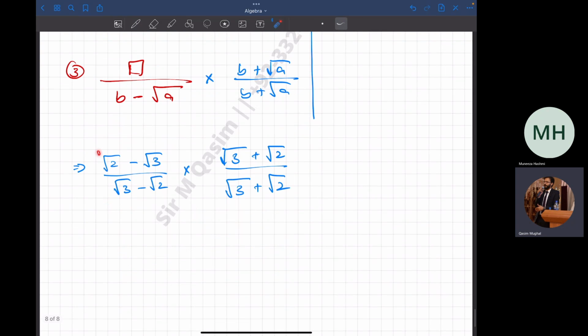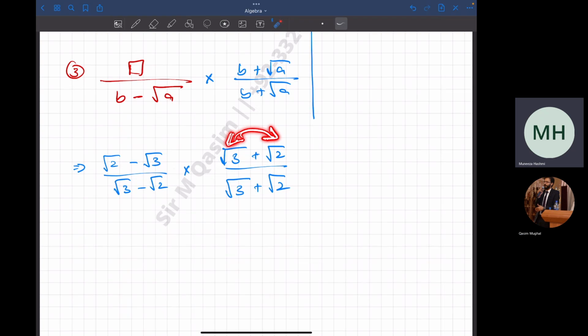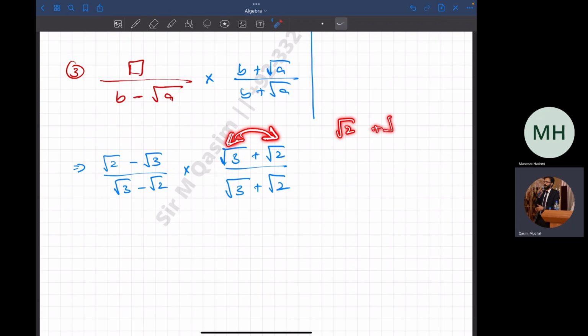Now, if you look carefully, I'll be multiplying these two. This is root of 3 plus root of 2, and this is root of 2 minus root of 3. Can I rewrite this by swapping them? Would it matter? Root of 2 plus root of 3, a plus b or b plus a, does it matter?